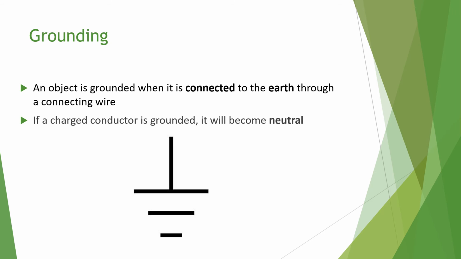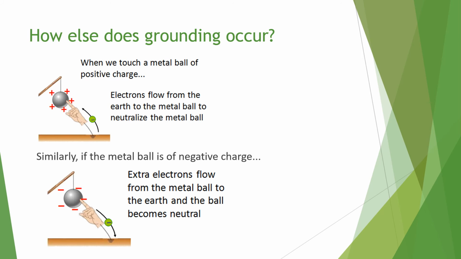So you can ground an object by connecting it to the earth. Okay, how else does grounding occur? So when we touch a metal ball of positive charge, electrons flow from the earth to the metal ball to neutralize the metal ball. So again, it's always about minimizing this charge imbalance.